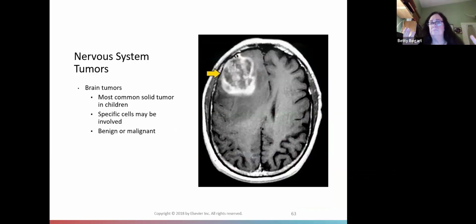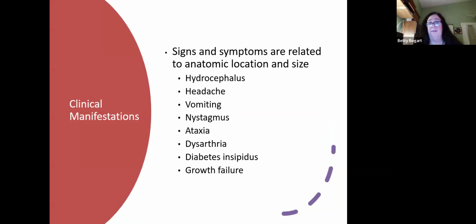Brain tumors are the most common of all the solid ones. What do we see? Well, the tumor in the brain starts to get big. You're going to see headaches getting worse over time. You can see problems with the eyes because it's pushing against them, like nystagmus. Maybe it's pushing against the area that controls motion, where you're walking, so you're going to be moving weirdly.